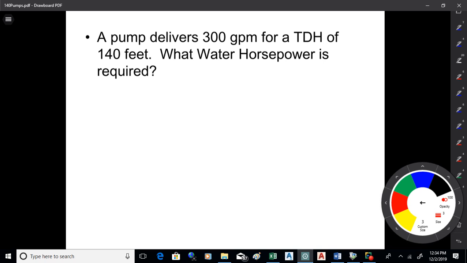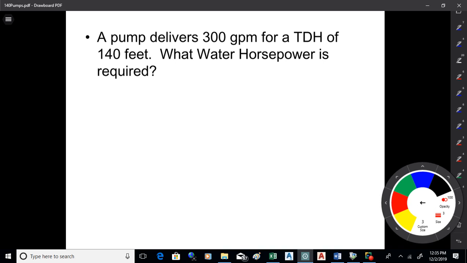10.6? Okay. The units will be horsepower? Yes, and it all kind of comes out magically.